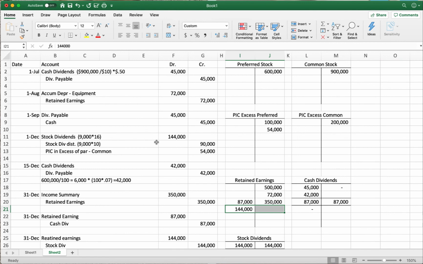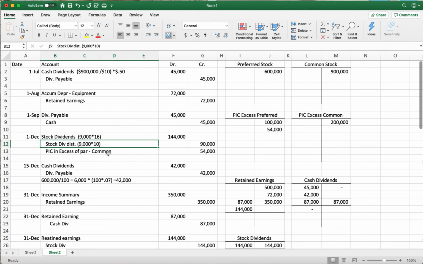Bear with me here. Oh, forgot to post my stock dividend distributable account, right? I posted my paid in capital. So this December 1st, I need to go back, right? I posted the stock dividends.